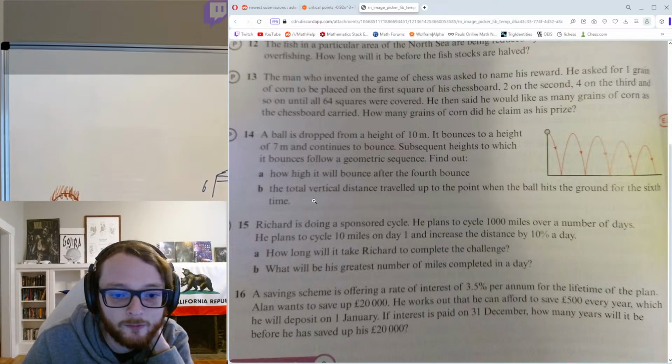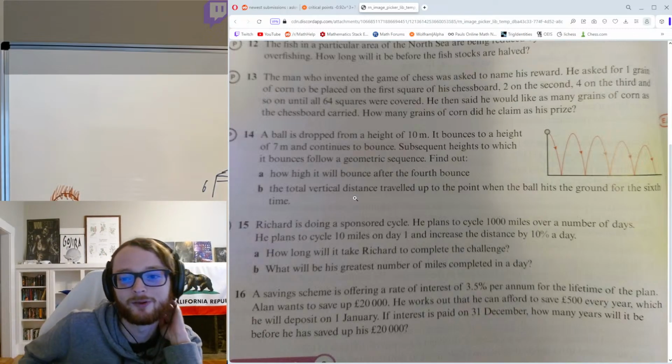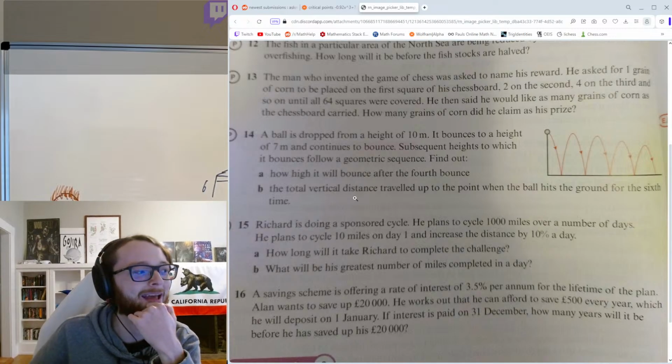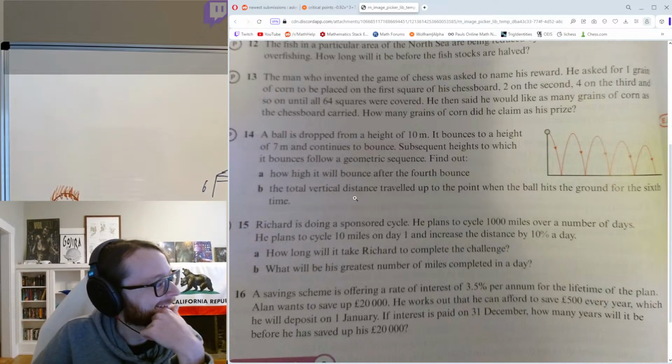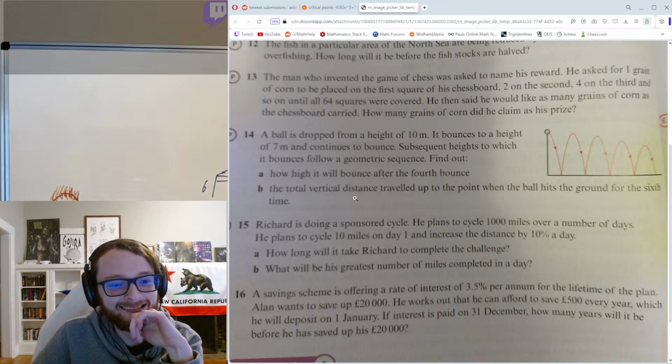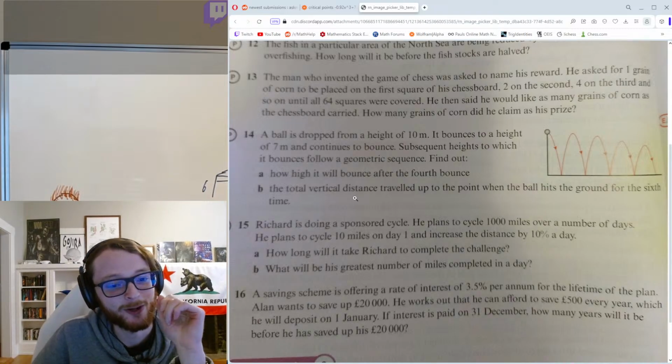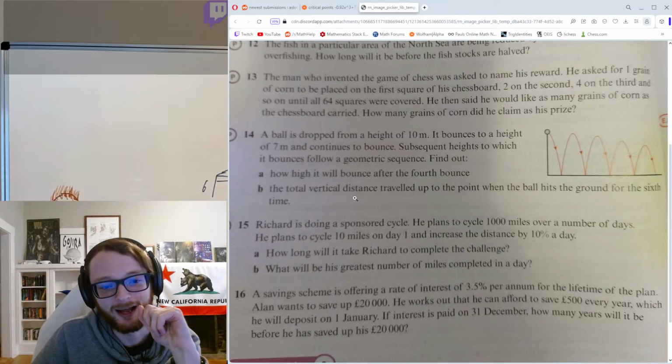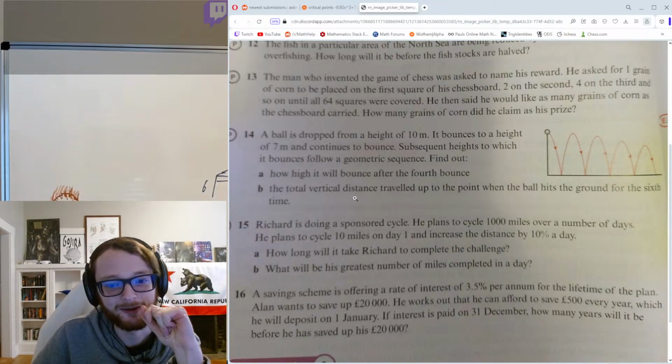The total vertical distance traveled up to the point when the ball hits the ground for the 6th time. Oh, okay. It's phrased in a very odd way. It's just going to be the partial sum up to the 6th term, including.